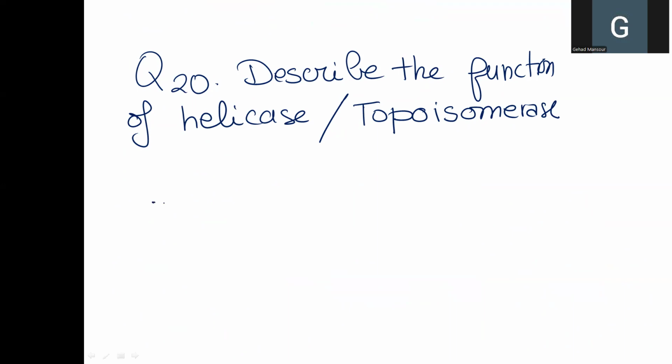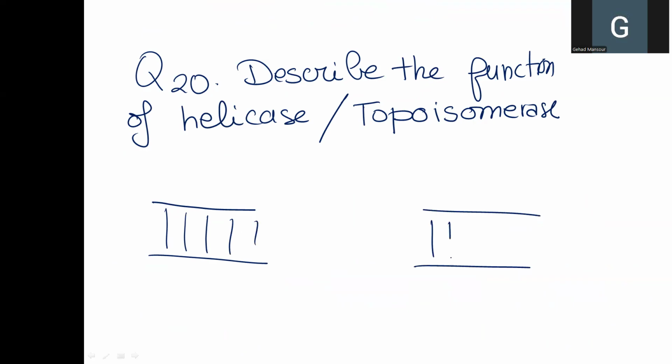If you have a double-stranded DNA molecule like this and another double-stranded DNA molecule like this, and the molecule is supposed to continue here. In eukaryotes, there will be a site where the replication will start, and this is what we call the origin of replication.